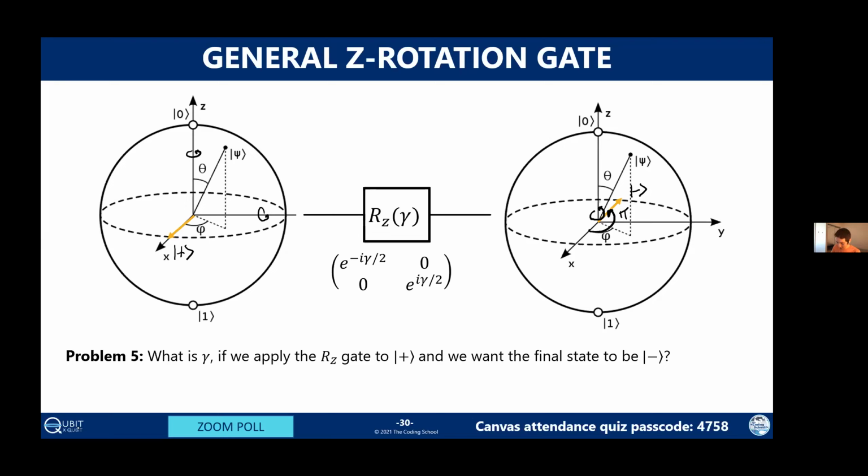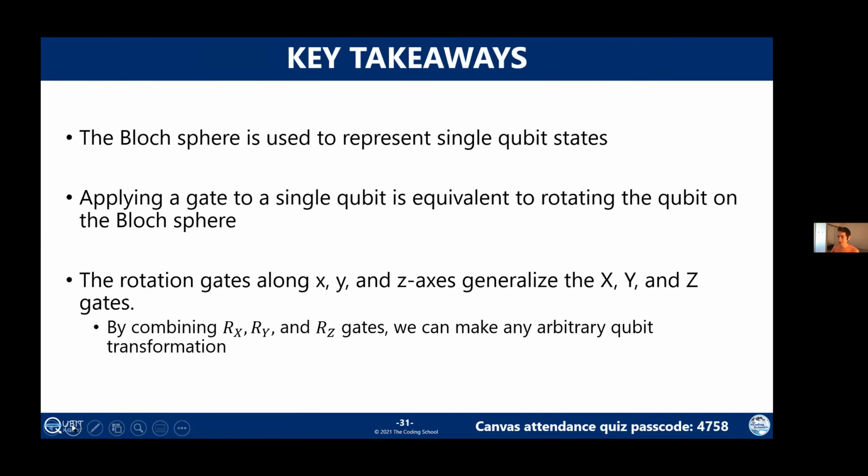Okay, so that brings us to the end finally. I really apologize for going over time. Some key takeaways. This is the final slide that we'll talk about. The Bloch sphere is used to represent single qubit states, right? Every single qubit state is a point on the surface of the Bloch sphere, and every point on the surface relates back to a quantum state.